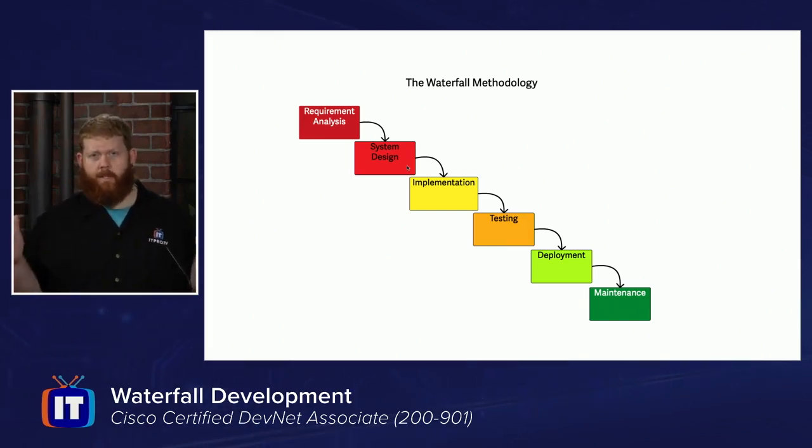Now, this tends to be a longer term project where the requirements gathering and analysis, I mean, we're not talking like a day or two. We're talking, this might be several weeks, a couple of months, maybe even longer than that, depending on the complexity. So these individual stages, they take a lot of time. They take a lot of person power and money indirectly, and then you move to the next phase.